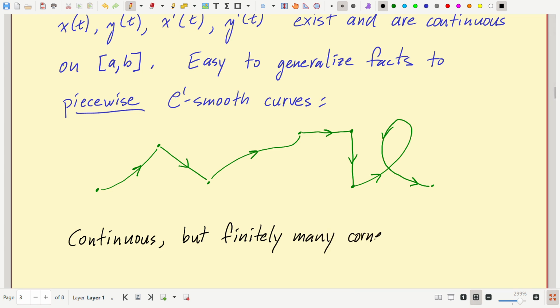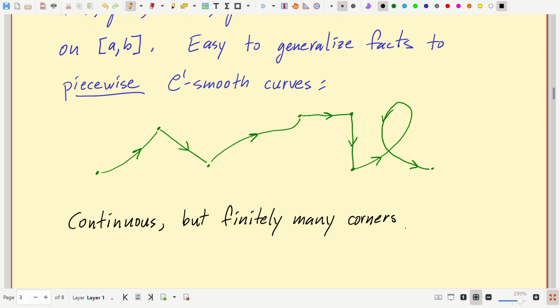So in the book, you'll see a definition where you split up the parameter interval into segments, and you've got left and right derivatives at the corners, et cetera, but there's the picture. Finitely many corners are allowed.